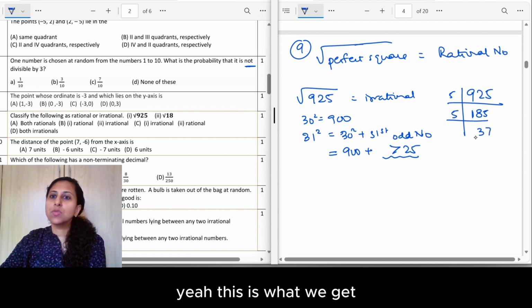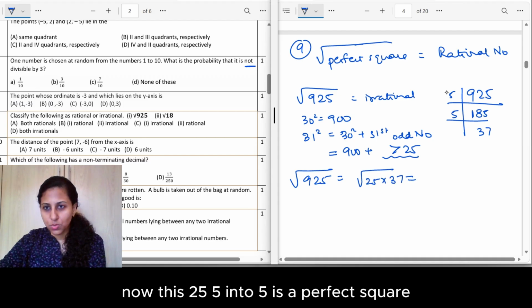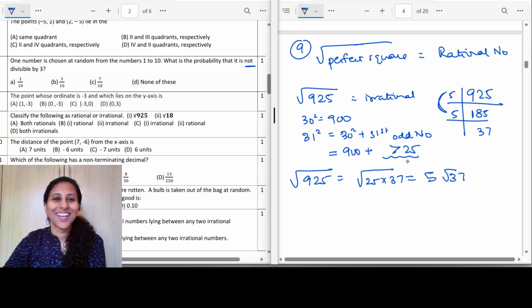Yeah, this is what we get. So we are getting root 925 is same as root of 25 into 37. Now this 25, 5 into 5 is a perfect square. So that will become 5 root 37. 100% this is irrational. What about the next one?